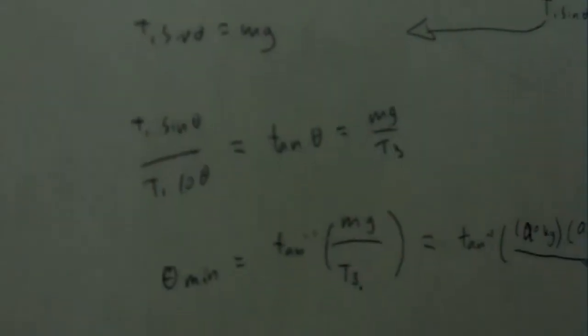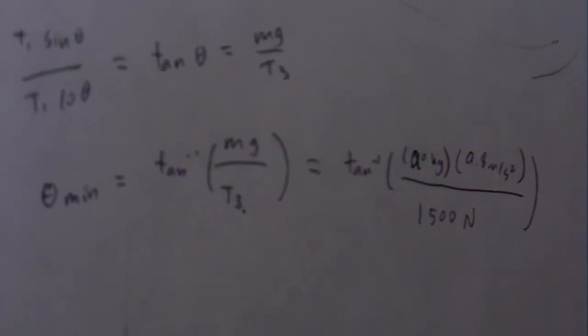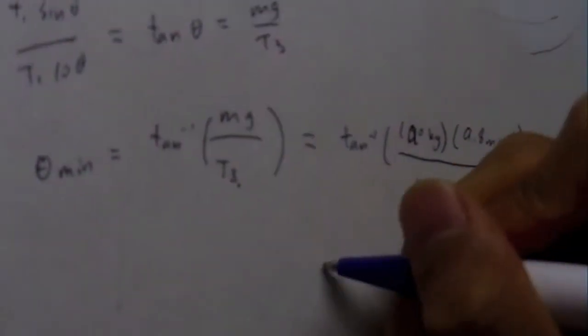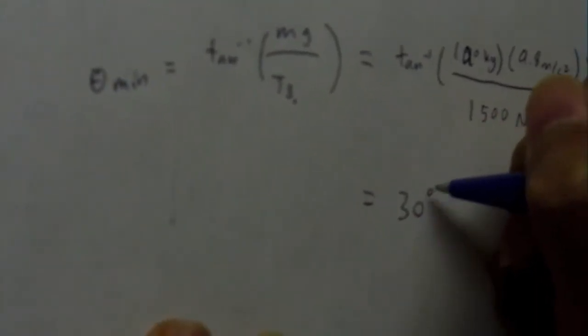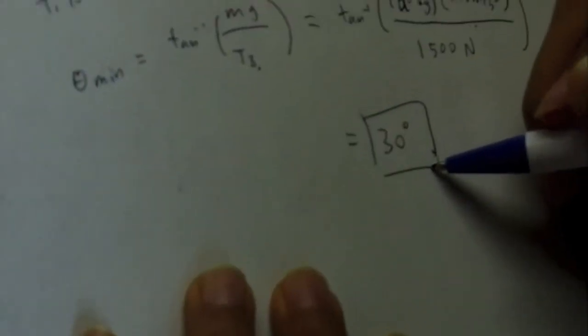It's going to be maximum, which is 1500. Alright, if I plug this into the calculator, I will get about 30 degrees. So this angle is going to be 30 degrees. You solve all this by using Newton's third law.